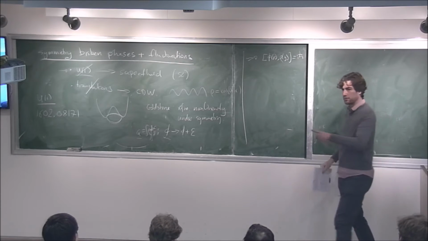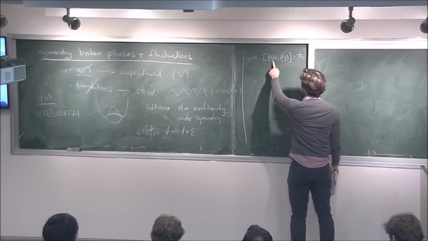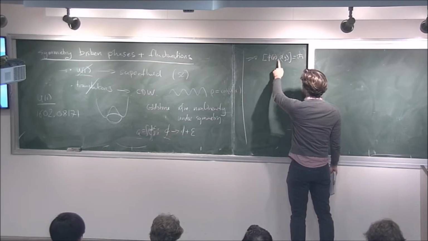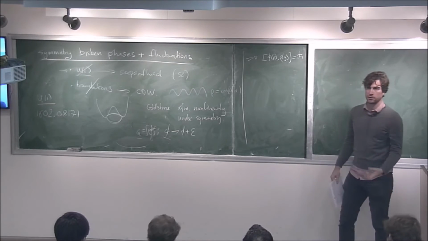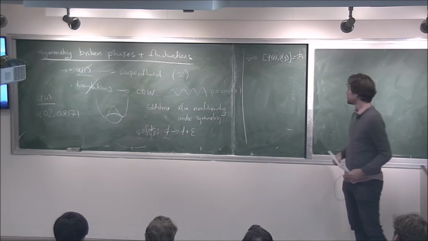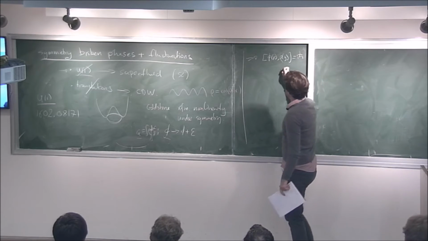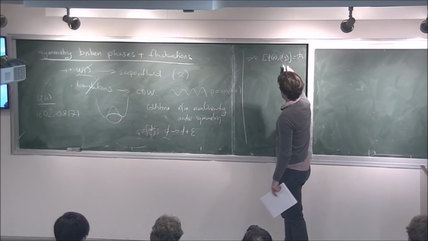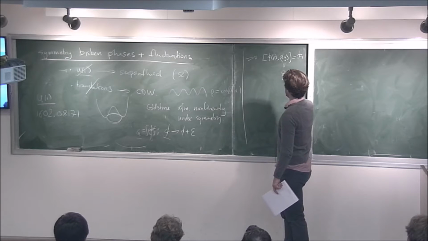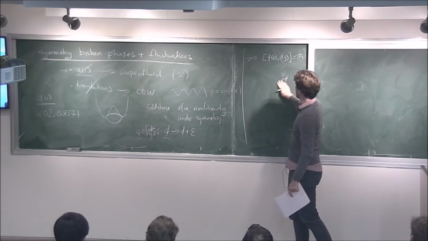Hopefully many of you might have seen this statement before. So the phase, the Goldstone boson as an operator in a symmetry broken phase, is conjugate to the charge density. And that's really just because we can think of rho as d/d phi, essentially. It shifts the phase, and so it has this commutator.